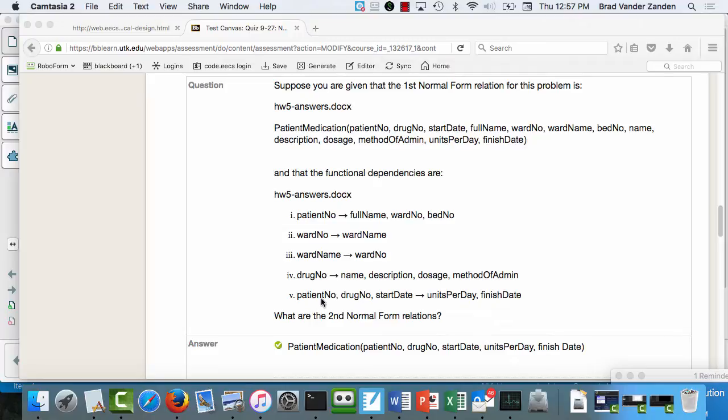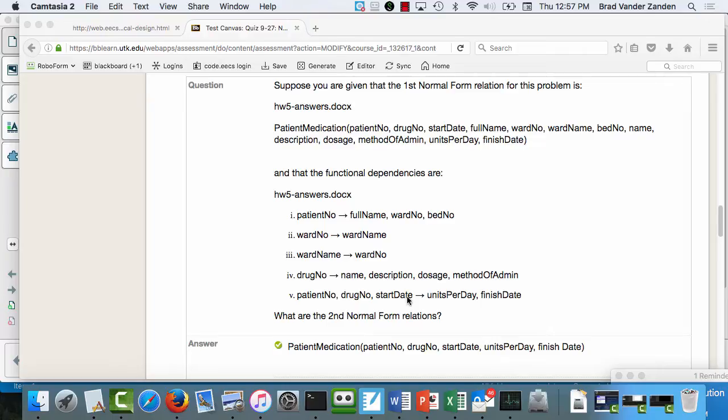Very good. It's actually the patient number, drug number, and start date. So essentially, this is a prescription relation. To uniquely identify a prescription, you need the patient number, the drug number, and the start date. You can prove that from the functional dependencies. So that's the first thing you have to do, is identify what is the primary key, and that's the primary key.